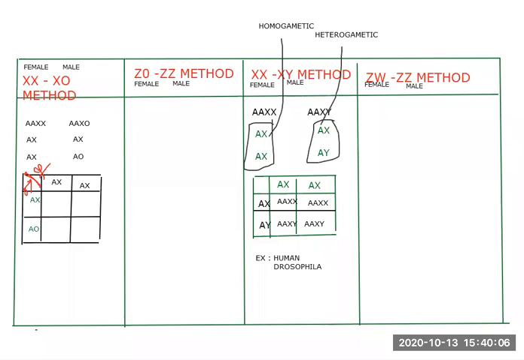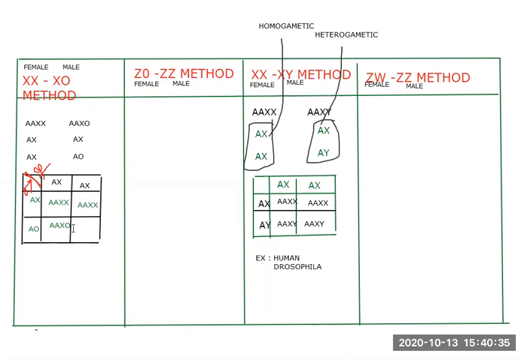Now you try to answer here. Fertilization. X type of sperm, AAXX. What is it, female or male? Female. Very good. AAXX, female. AAXO. What is this?